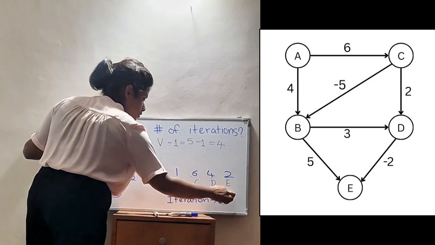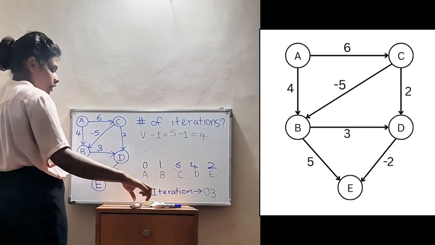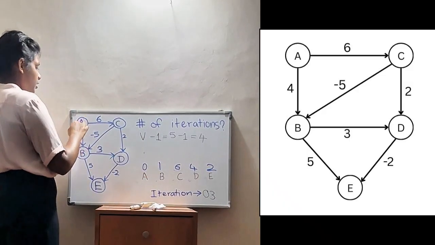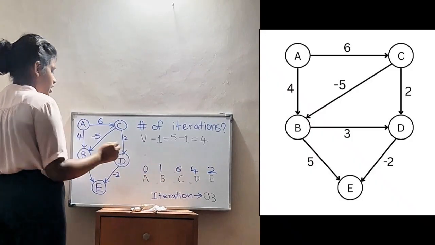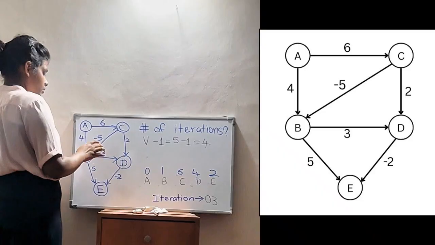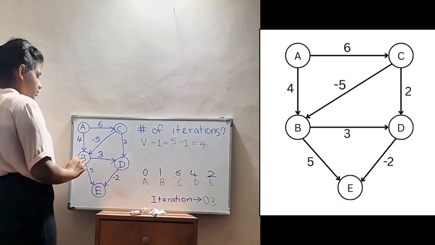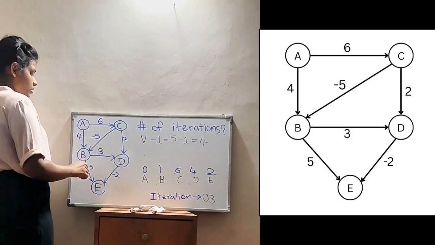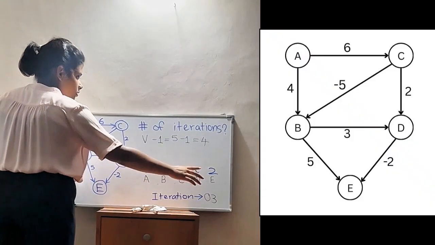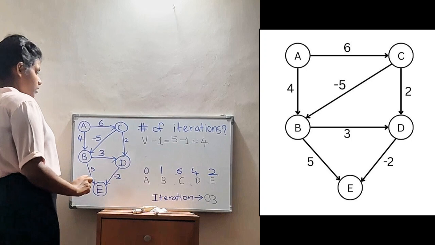And when moving on to the third iteration, we can again calculate. From A to B 4, no need to update. A to C 6, no need to update. B to D 1 plus 3 is 4, no need to update. B to E 1 plus 5 is 6. Current shortest path is 2, so no need to update.